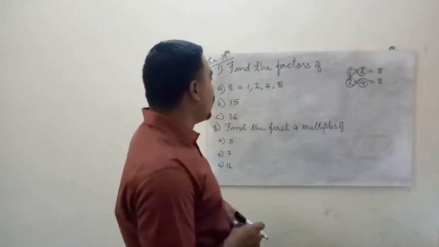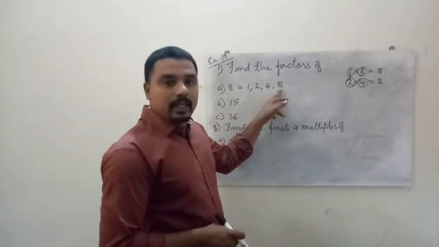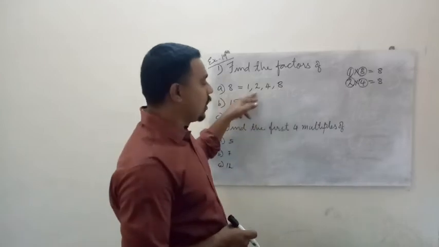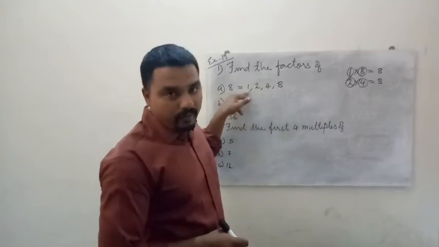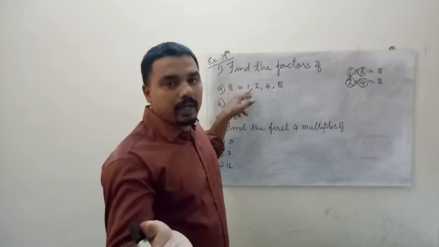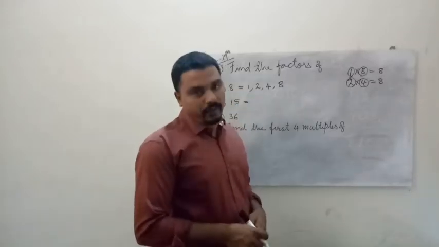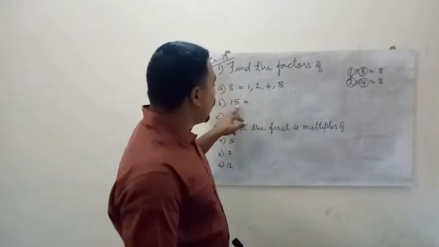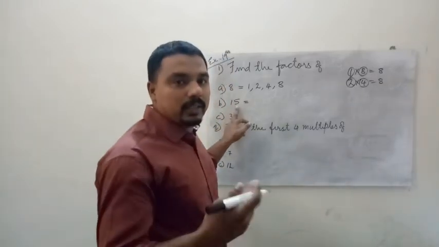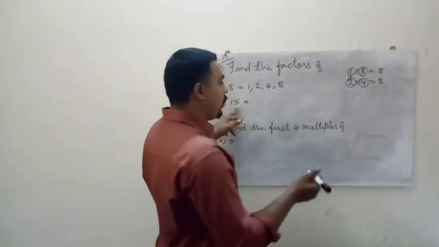So we have learned that a factor will be either equal to that number or less than that number, and 1 is a factor of every number. Without any doubt you can write 1 because it is a factor of every number. Next one is 15. We need to find which numbers we multiply to get 15.